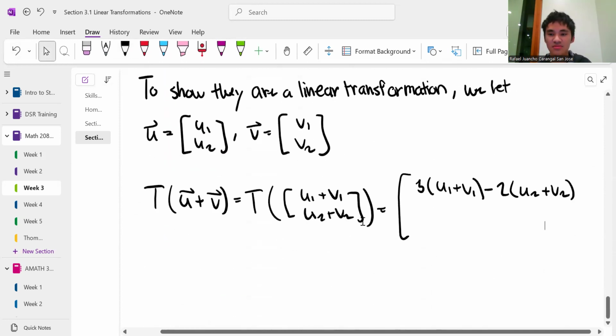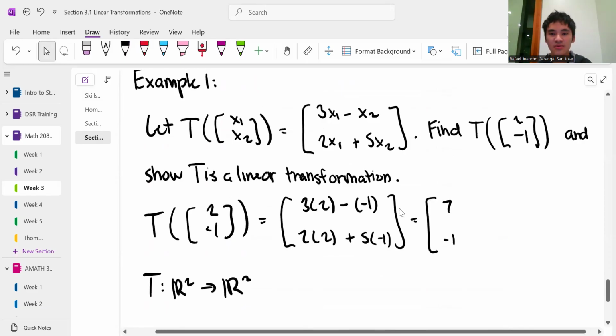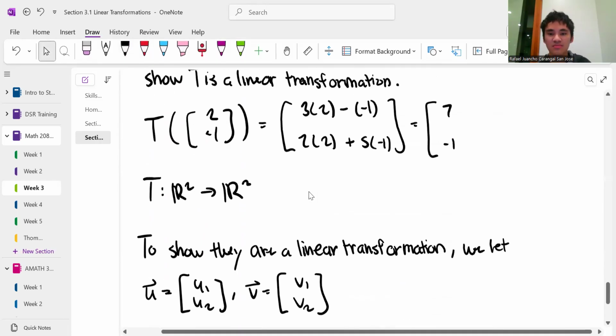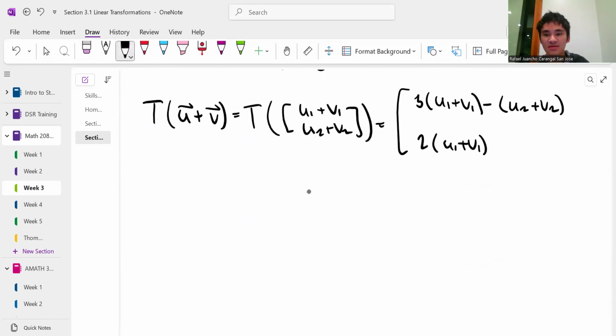Okay? Oh shoot, this is not 2. There we go. 3x sub 1 minus x sub 2, and then 2x sub 1 plus 5x sub 2. So our x sub 1 here is u1 plus v1, and then 5 of our second component.